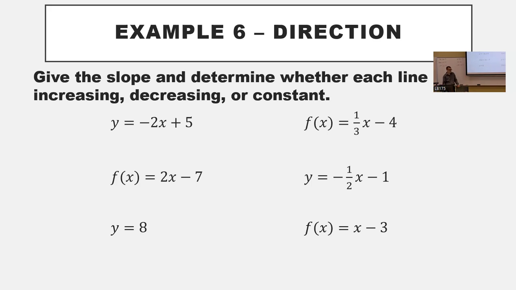That one's going to be decreasing because the slope is negative. We have f of x equals 1/3 x minus 4. That's increasing because the slope is positive. This f of x is 2x minus 7. That's increasing because the slope is positive. And then y equals negative 1/2 x minus 1. That's decreasing because the slope is negative.